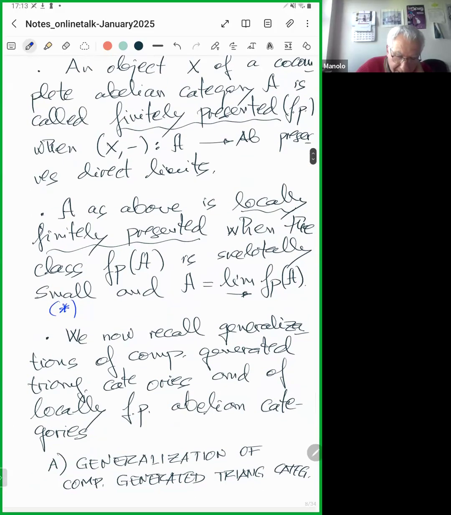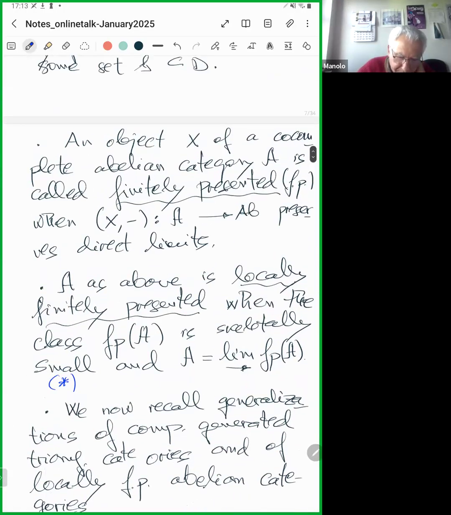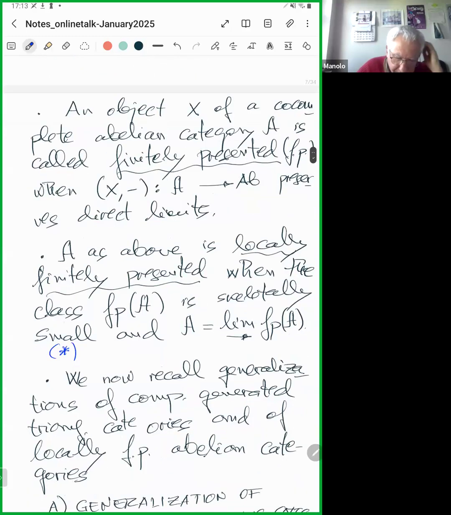As above, this cocomplete abelian category is locally finitely presented when the class of finitely presented objects is skeletally small, and any object in A is the direct limit of finitely presented objects. This blue mark is just to remind me that this is equivalent to saying that the category A has a set of finitely presented generators.